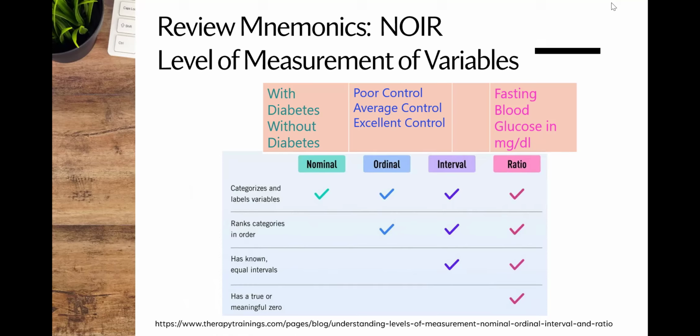So you just come up with a count and then proportions of who has diabetes and who does not have diabetes. Now, in the ordinal level, you may want to look at the people who have DM and you categorize them as poor control, average control, or excellent control. But you're not sure if those intervals are actually equal.